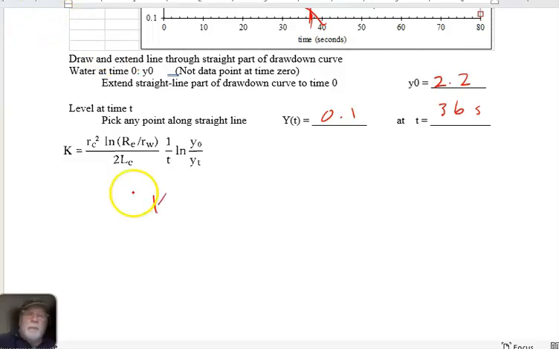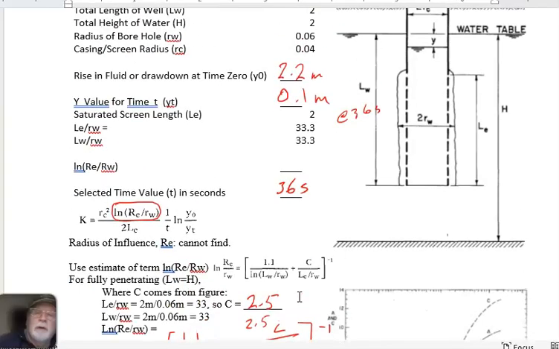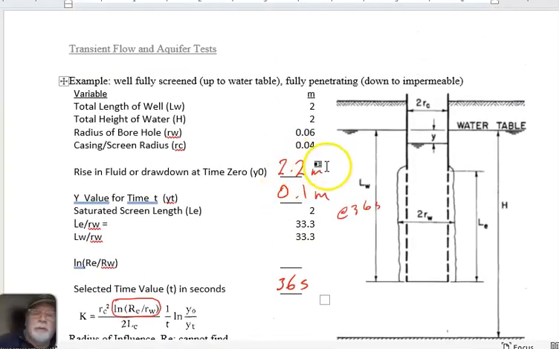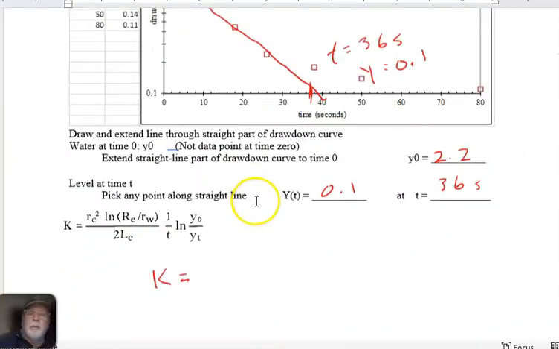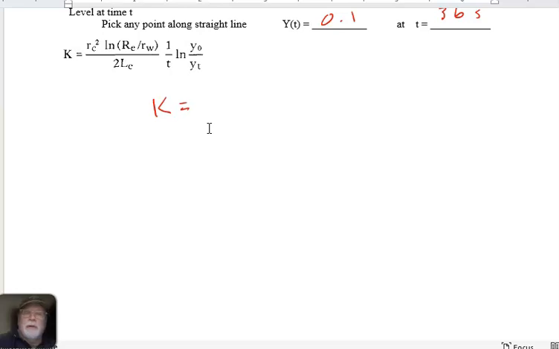So K equals RC, the radius of the casing. That's going to be the 0.04 meters. Again, a 6-inch well would be a 3-inch radius, a 4-inch pipe would be a 2-inch radius.